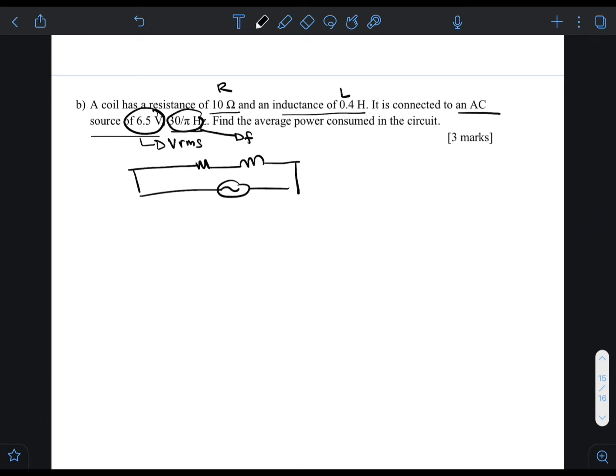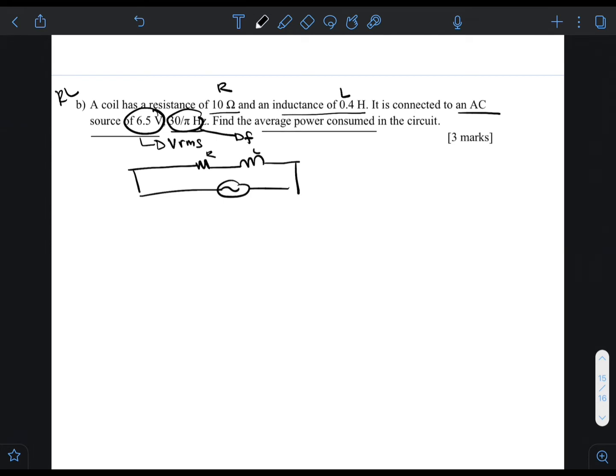Okay, and then this is our frequency 30 over pi. Okay, so according to the question, circuit yang kita ada adalah circuit jenis RL. You only have resistor and also inductor in the circuit. Find the average power consumed in the circuit.